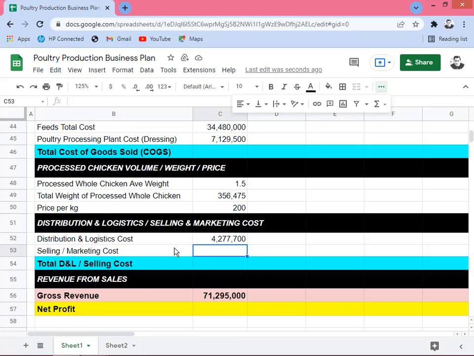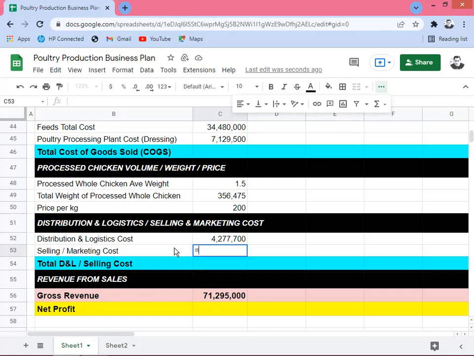And then also the marketing, they are advertising: TV ads, print ads, YouTube ads, Google ads, Facebook ads, etc. So they're spending millions of money in advertising.